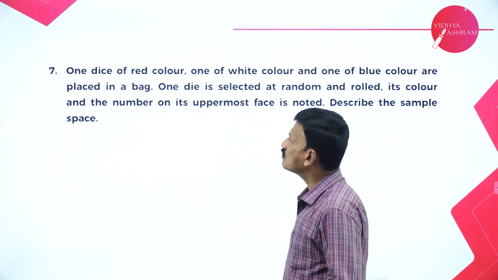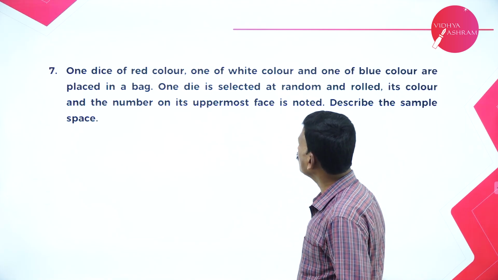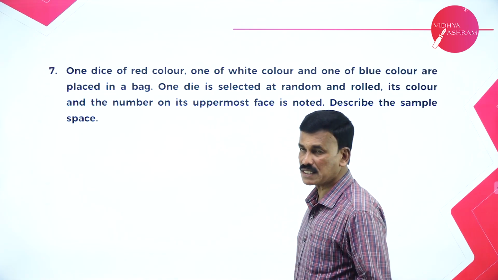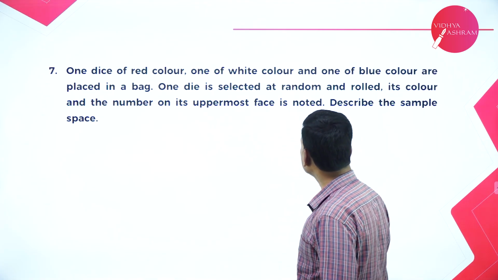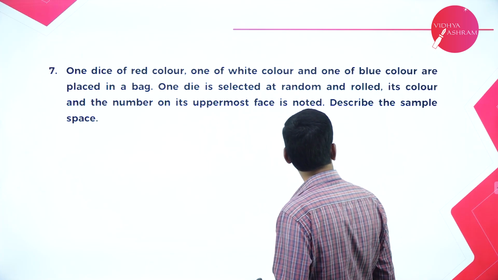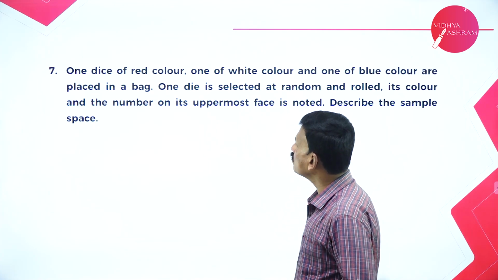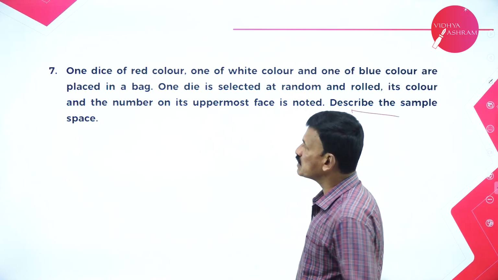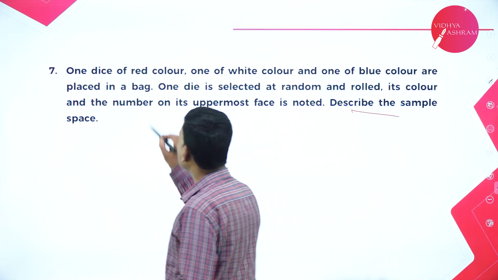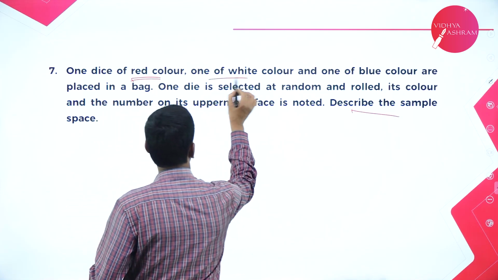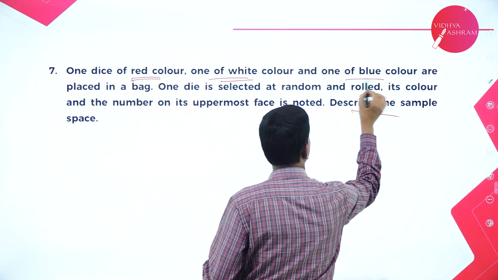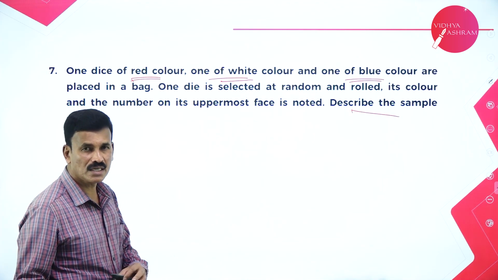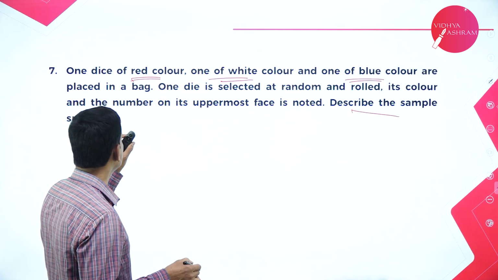The next problem is: 1 die of red color, 1 of white color and 1 of blue color are placed in a bag. 1 die is selected at random and rolled. Its color and the number on its uppermost face is noted. Describe the sample space. So these three different colors of dice are placed in a bag.